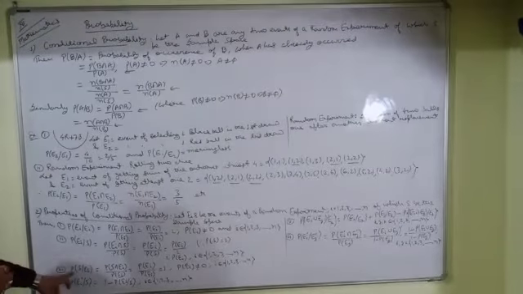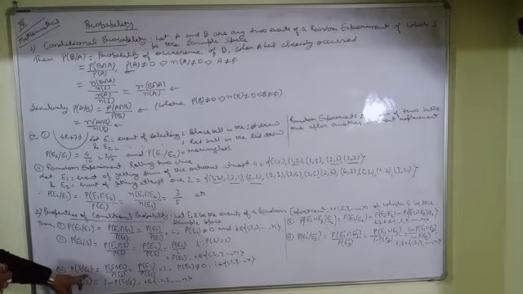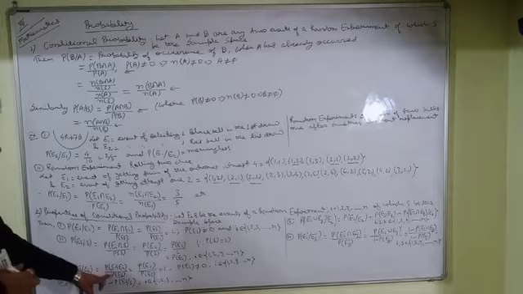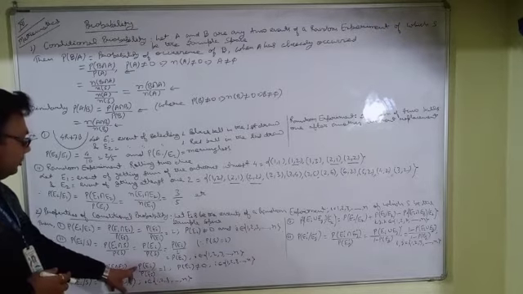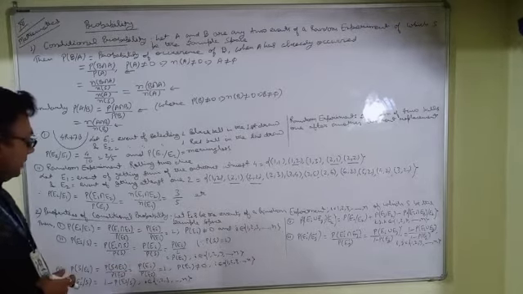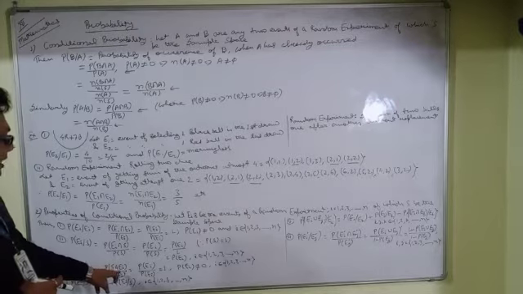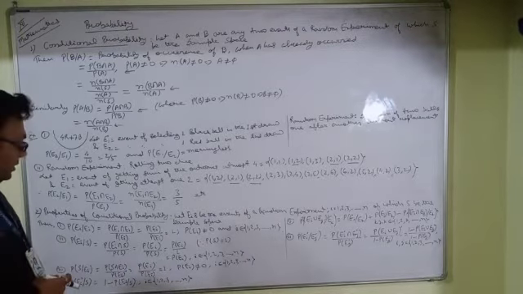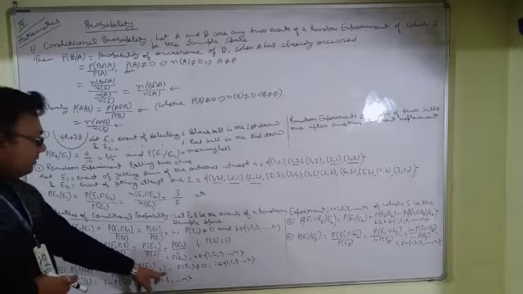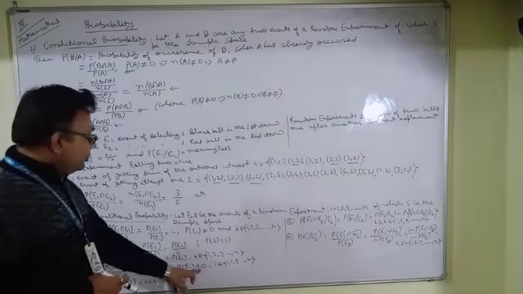The third property is probability of S given Ei is equal to probability of S intersection Ei divided by probability of Ei, which is equal to probability of Ei divided by probability of Ei, because S intersection Ei will always be equal to Ei itself. So after simplification, our result will be 1, where P(Ei) should not be equal to 0.